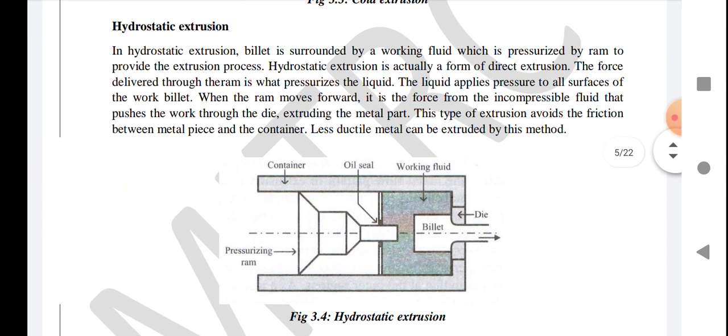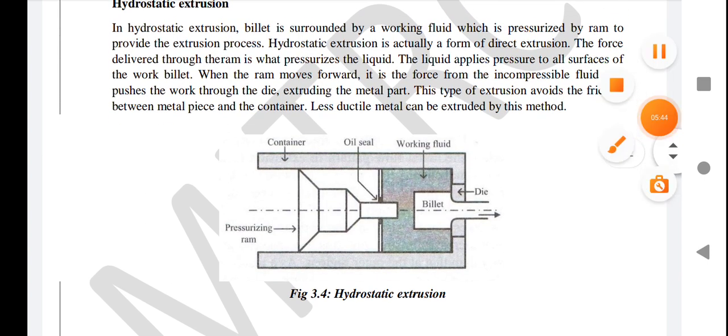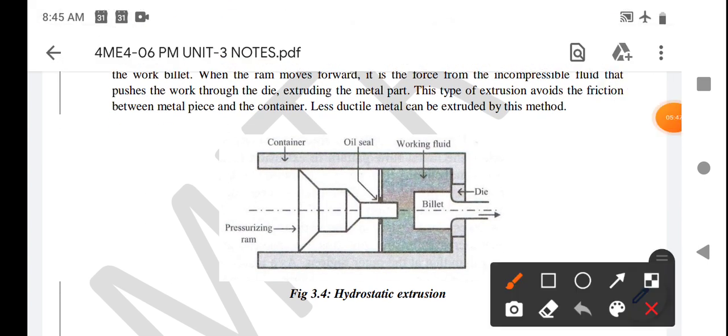Hydrostatic extrusion process. In the hydrostatic extrusion process, the billet is surrounded by a working fluid. As you see in this figure, there is an oil seal, a container, a pressurized ram, and a billet which is surrounded by working fluid.